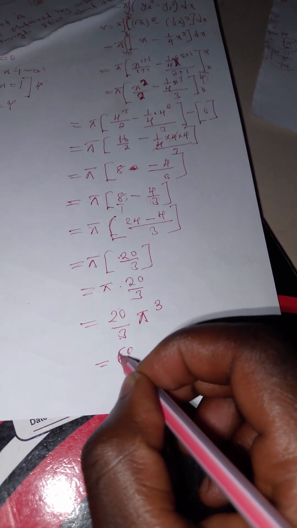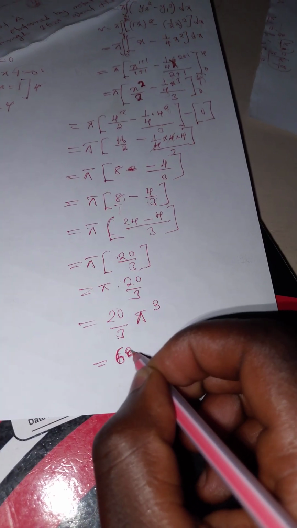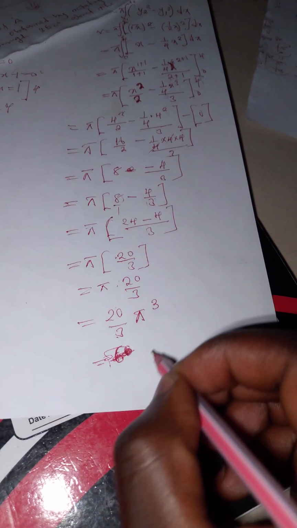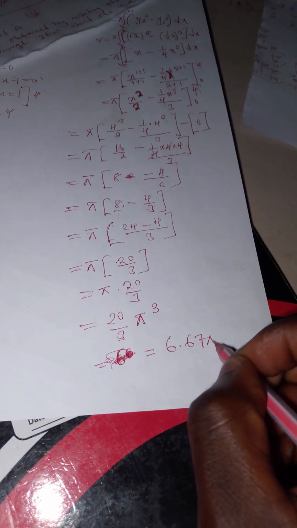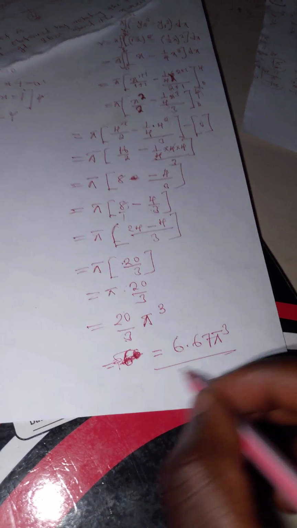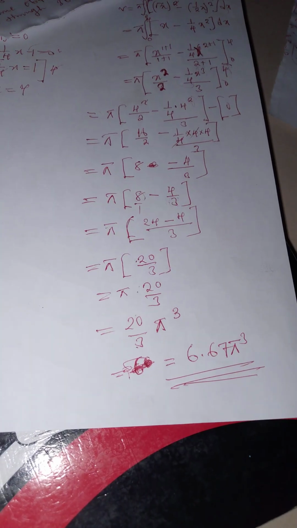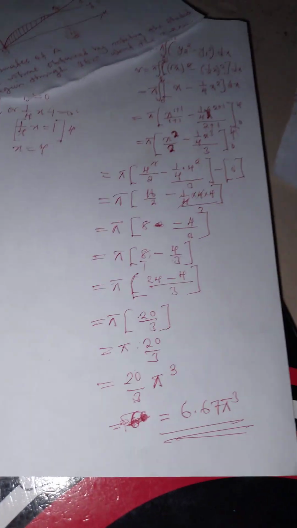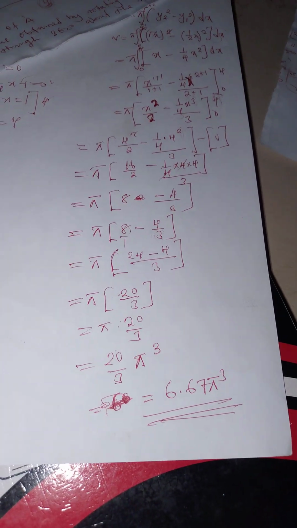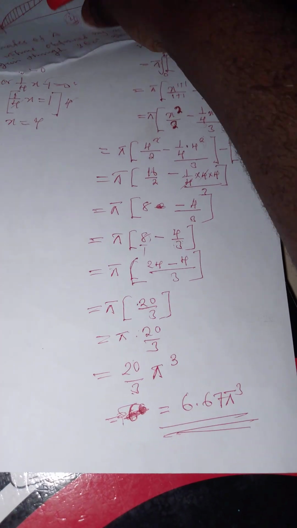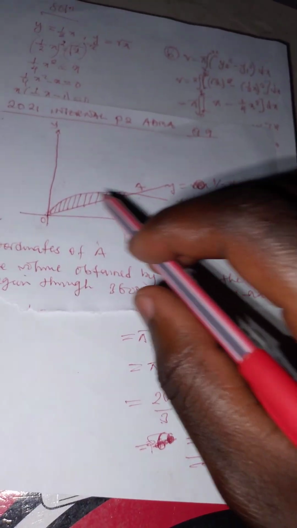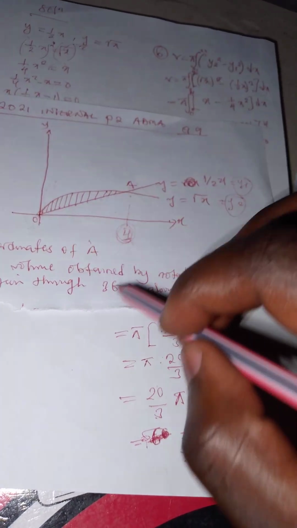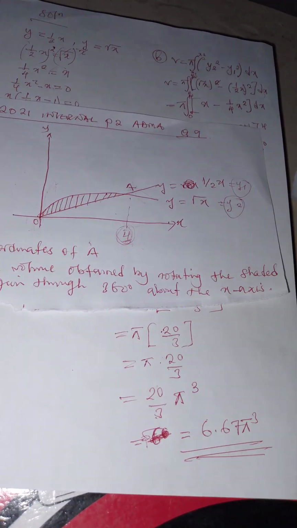Let me just write it properly. This is equal to 6.67 pi cubed units. So that was the volume obtained by rotating the shaded region from this given question about 360 degrees about the x-axis.